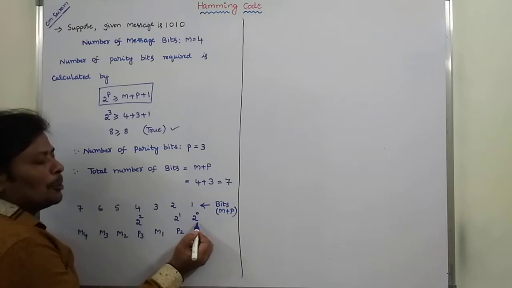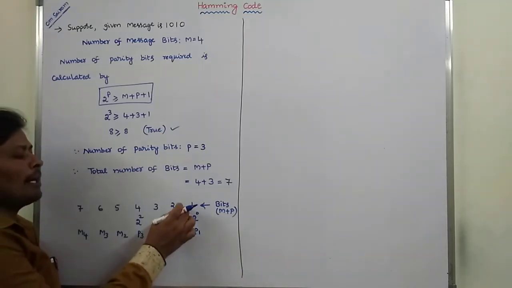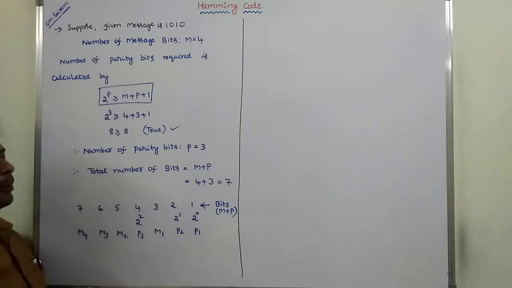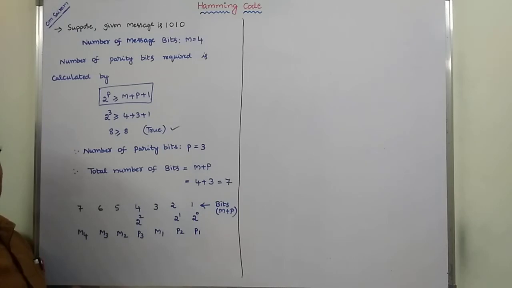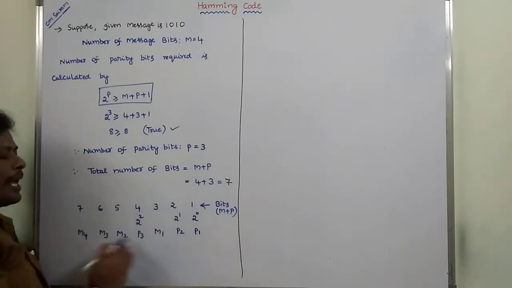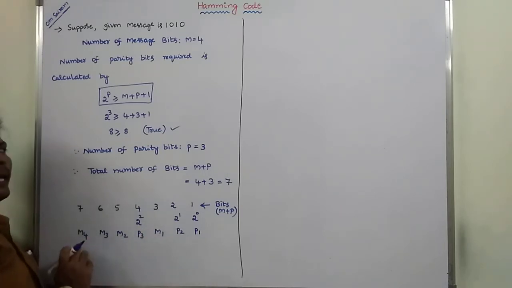At the 2 power 0 position, parity bit P1 is there. At the 2 power 1 position, parity bit P2 is there. At the 2 power 2 position, parity bit P3 is there. Next, we insert the remaining message bits M1, M2, M3, M4.